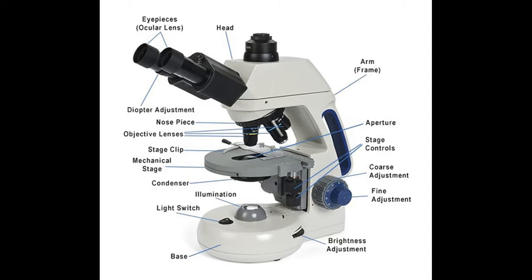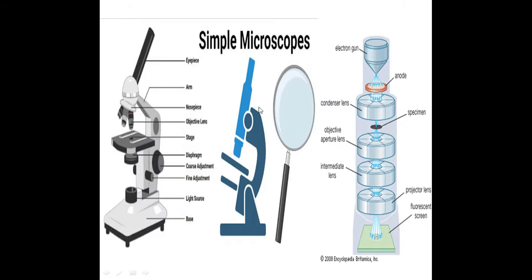So this is a typical light microscope that uses light here to illuminate the object, and it is being viewed in the eyepiece lens. This is a typical structure of an electron microscope. It uses electrons for the magnification of the object from the stage.